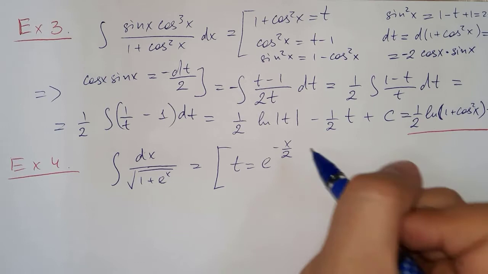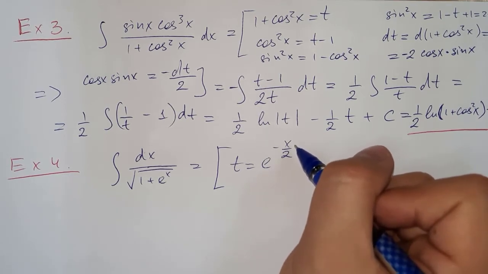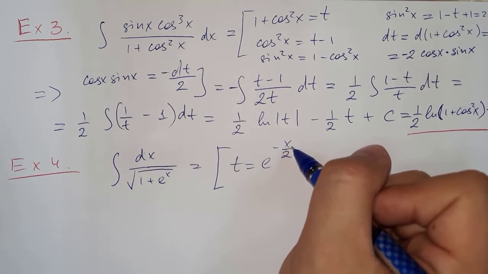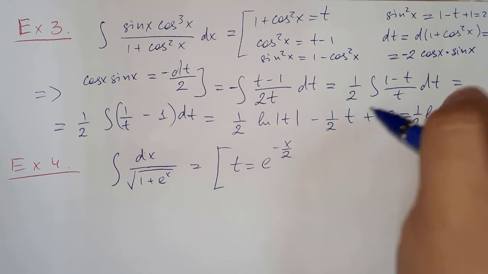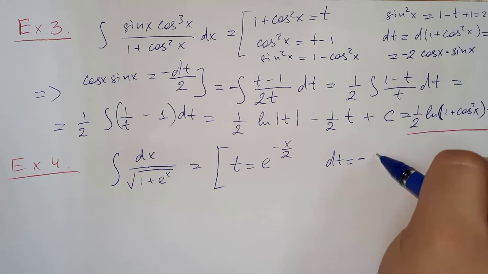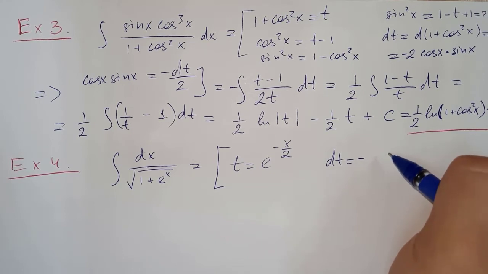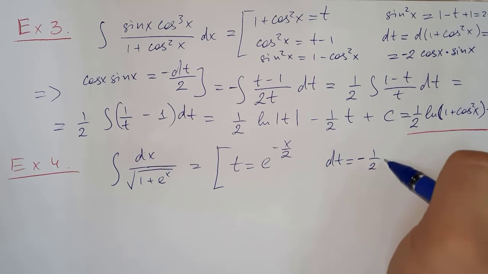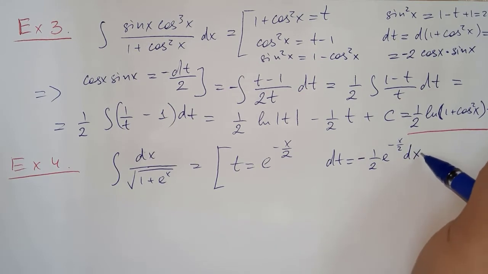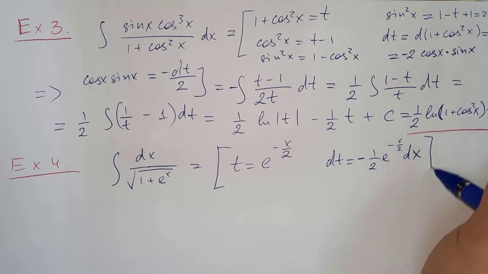If we denote it by this one, we get dt, which will be minus 1 over 2 times e to the power of minus x over 2 dx. So this is our dt.